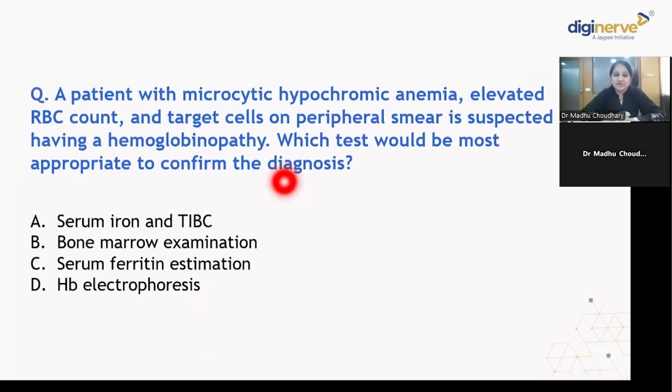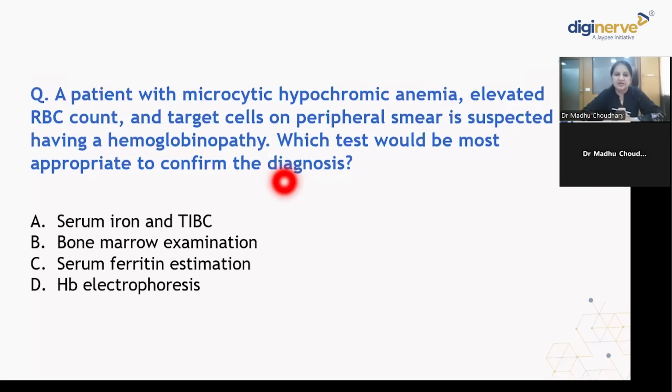Again, a case of microcytic hypochromic anemia. I'm not sure how many of these questions were correct or exactly phrased, but we are looking forward to your suggestions, your feedback on what exactly was asked. A patient with microcytic hypochromic anemia, elevated RBC count and target cells on peripheral smear is suspected of having a hemoglobinopathy.